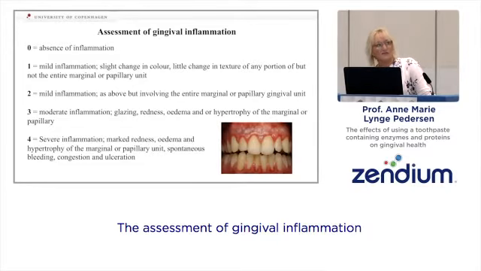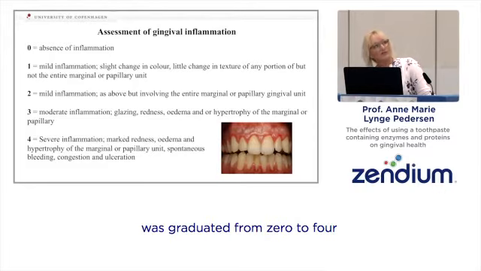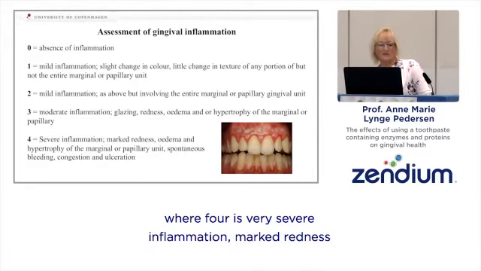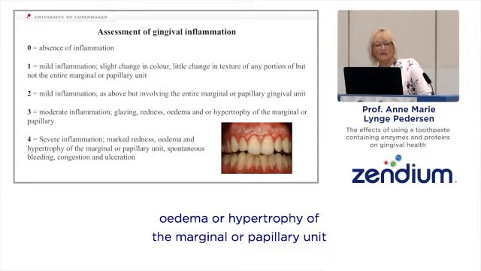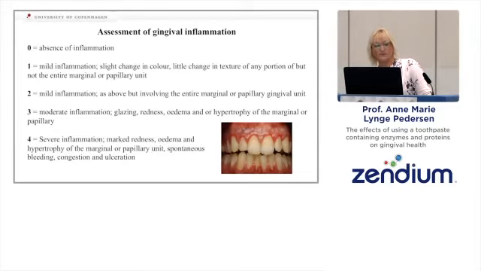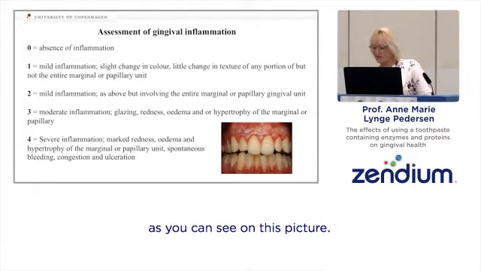The assessment of gingival inflammation was graduated from 0 to 4, where 4 is very severe inflammation, marked redness, and edema and hypertrophy of the marginal or papillary units, as you can see on this picture.